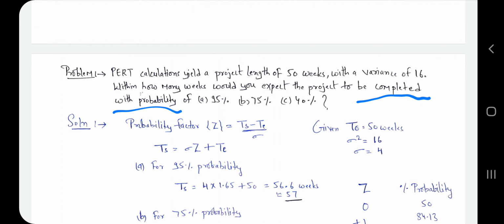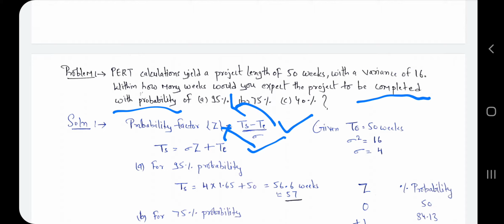So for finding the Ts value we have to modify our formula. We know that Ts minus T upon sigma is equal to z. So for finding Ts we multiply sigma with z and transfer T to the other side. So we get sigma z plus T as the formula for finding the Ts value.